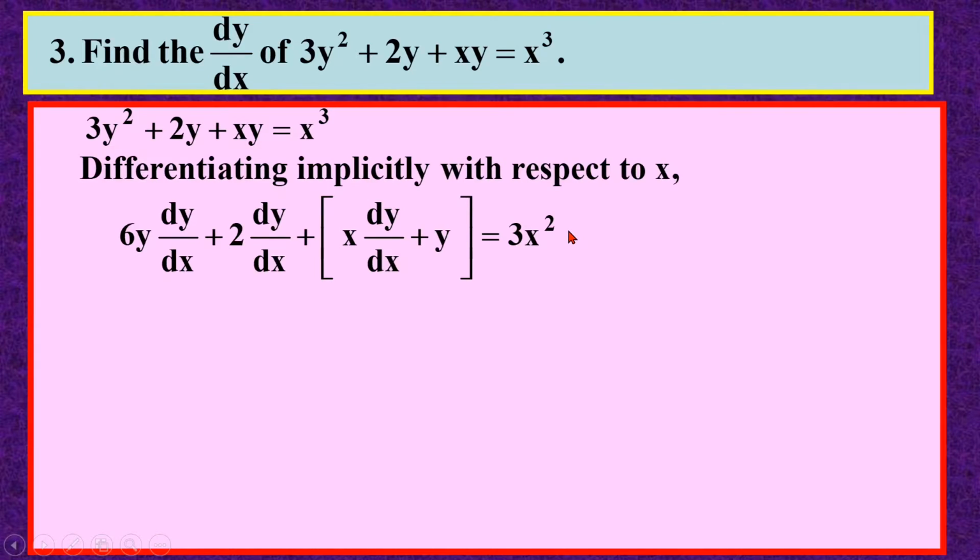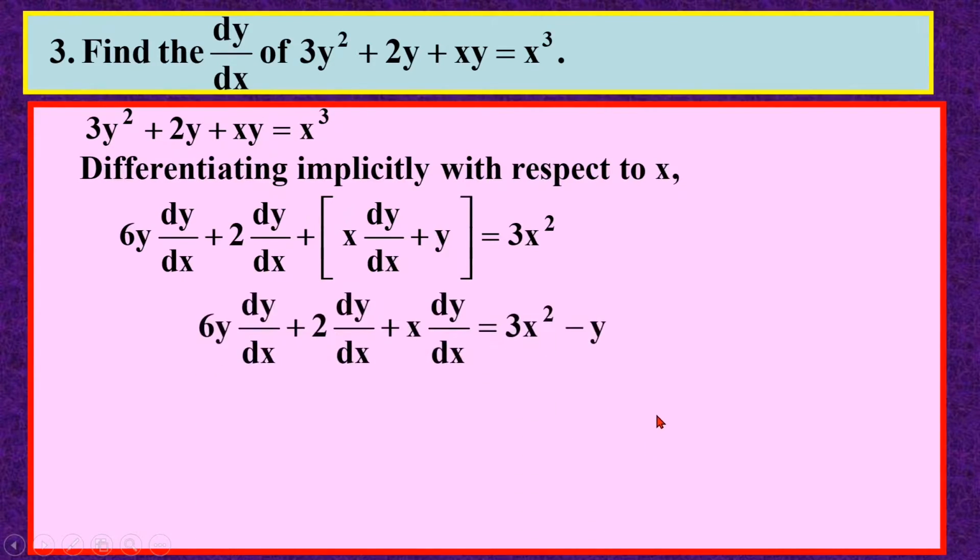Once that is done, my next step is to arrange all the dy dx on the left hand side and all the other terms on my right hand side. So it will look like this. Okay, from this part, what I need to do is factorize dy dx out from there.